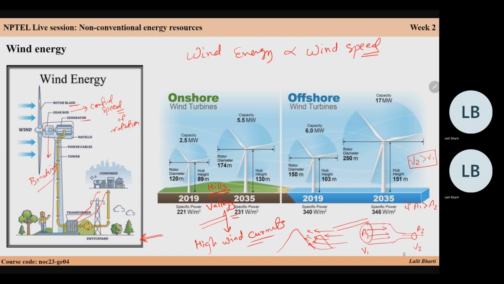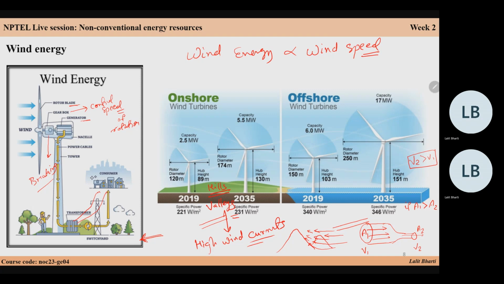Similarly, offshore, the wind currents are very uniform and high compared to normal ground level, because there's no obstruction, there's only sea.